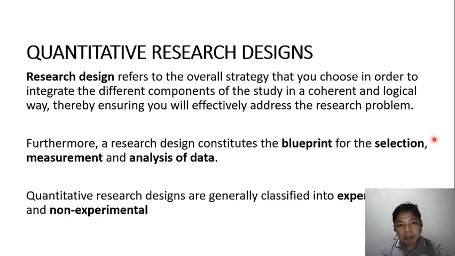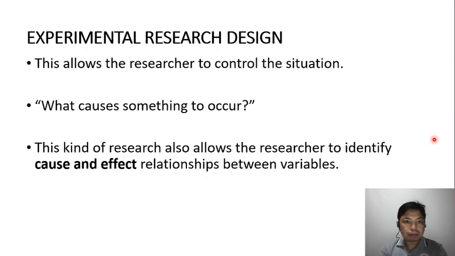Now, quantitative research designs are generally classified into experimental and non-experimental. So pag-uusapan natin yung experimental and non-experimental and what they are for. First is the experimental research design. This allows the researcher to control the situation. It means that you have full control of the research itself.